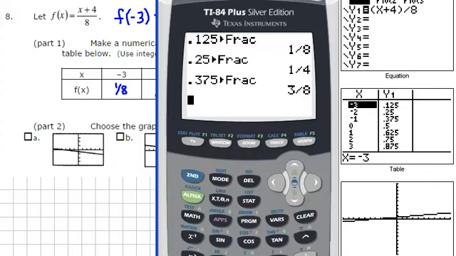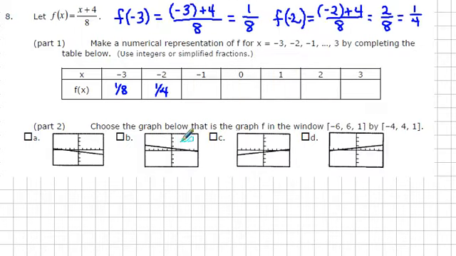So let's go back to our table and fill in the remaining values. The first one was 1 over 8. The second one is 2 over 8, which reduces to 1 over 4. The next one will be 3 over 8. The next one will be 4 over 8, but 4 over 8 reduces to 1 over 2.